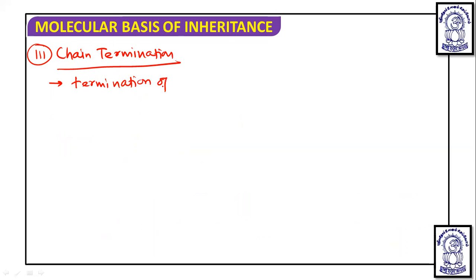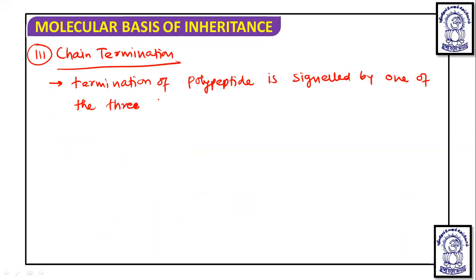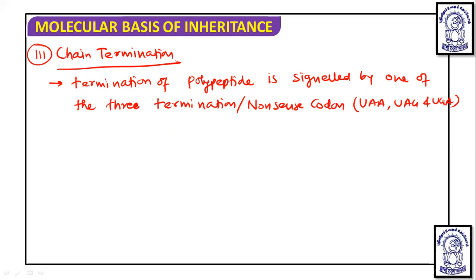Termination of polypeptide is signaled by one of the three termination or nonsense codons, which are UAA, UAG, and UGA. Now, these stop codons do not code for any amino acid.